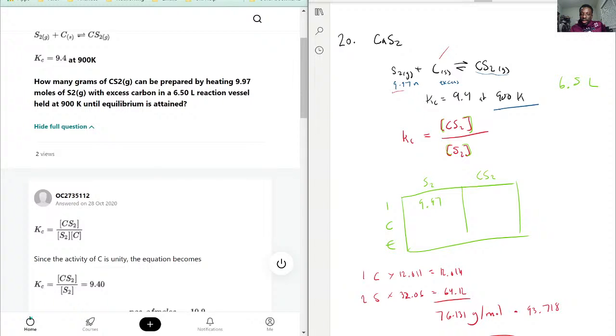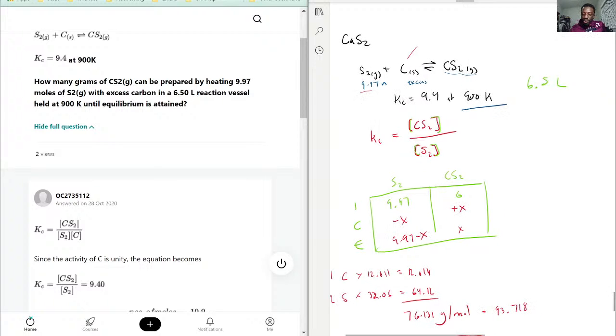CS2 would be 0, and then the change would be plus x, because it's only a 1-to-1 ratio, minus x. It would be 9.97 minus x, and it would be just x. So Kc would equal x over 9.97 minus x.